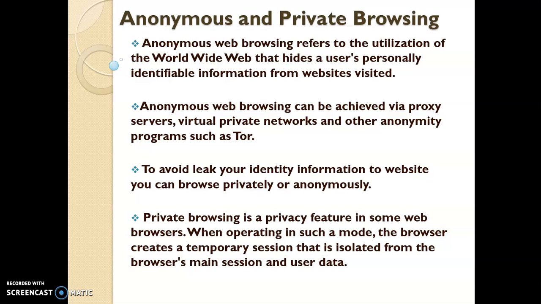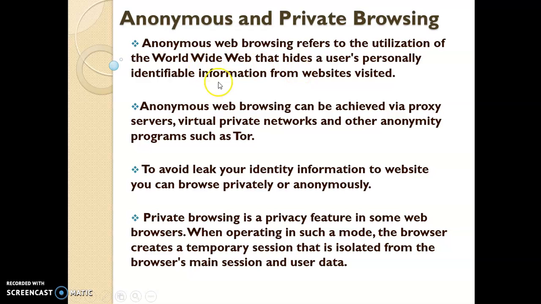So anonymous web browsing refers to the utilization of the World Wide Web that hides a user's personally identifiable information from websites. So एक ऐसा feature है which hides a user's personally identifiable information. हर एक user की अपनी personal information को hide करके internet services को use करना. So this is the meaning of anonymous web browsing.